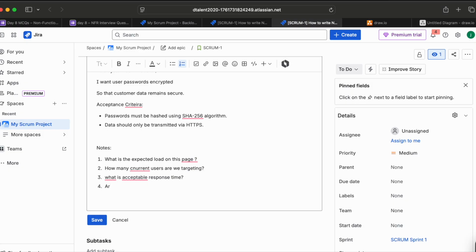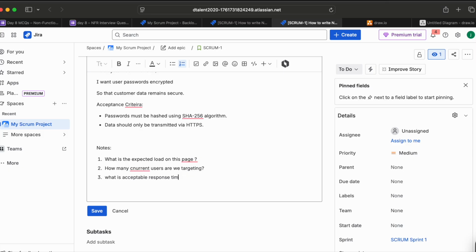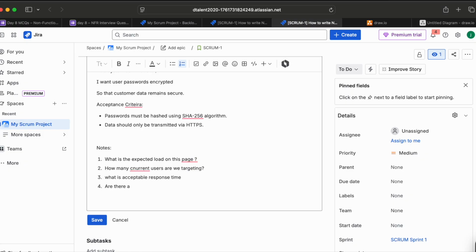Are there any encryption or security needs?